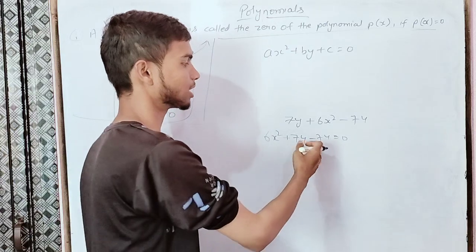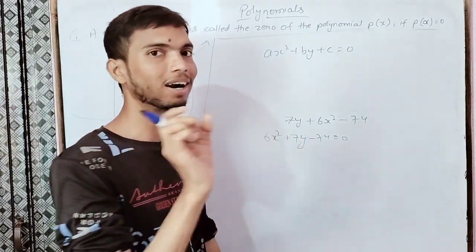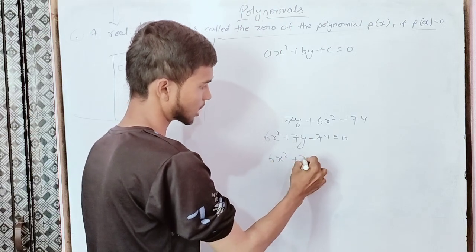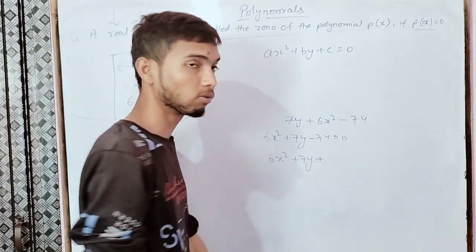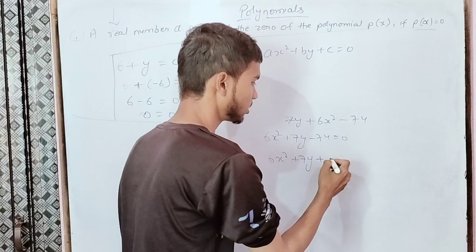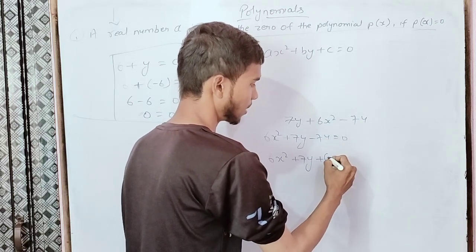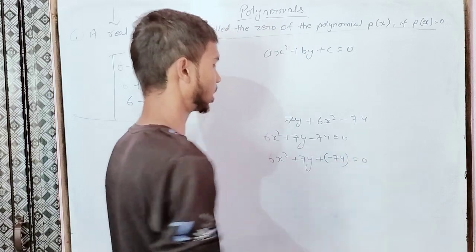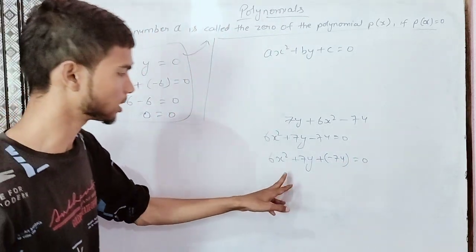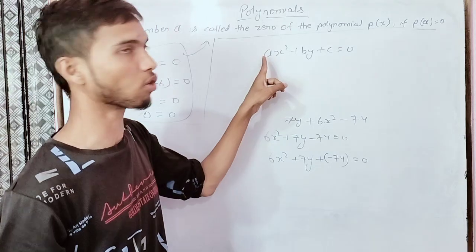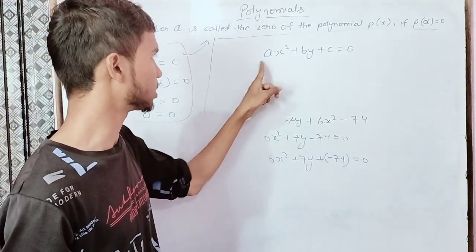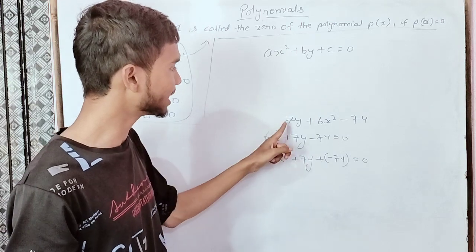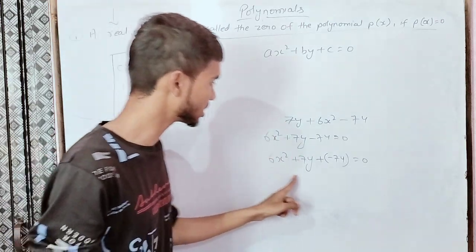We can convert this and put addition here. So 6x square plus 7y, and if we put plus here, then we write it in brackets. Now it is complete in this form. It was not in this form, and we have arranged it in this form.